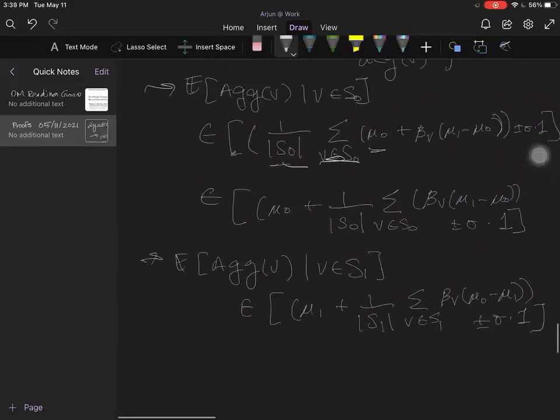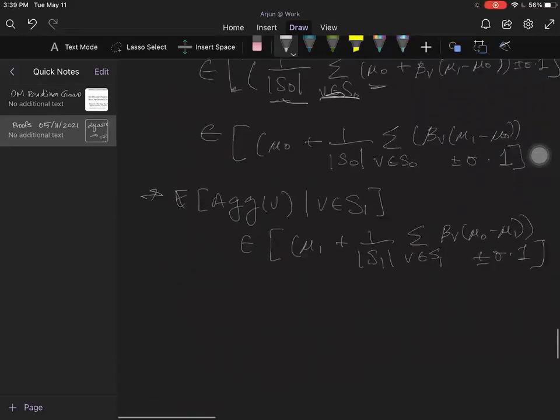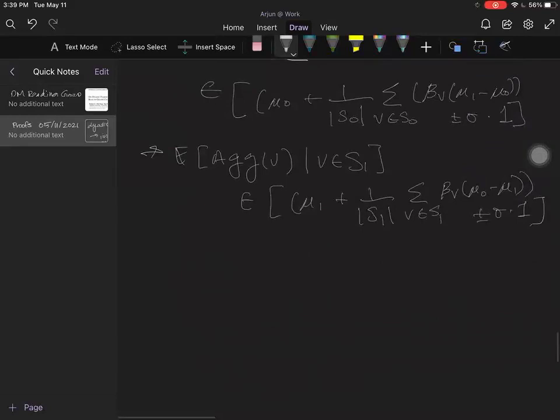So now we have these two expectations here, post aggregation, and we want to look at how different they are. How different are these two expectations, now that we've done the aggregation?